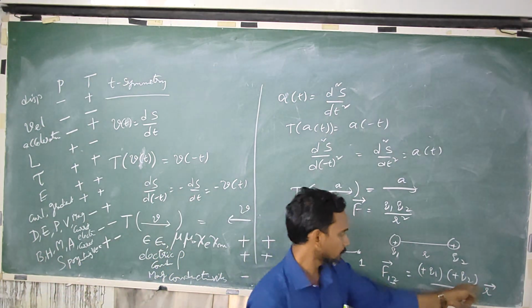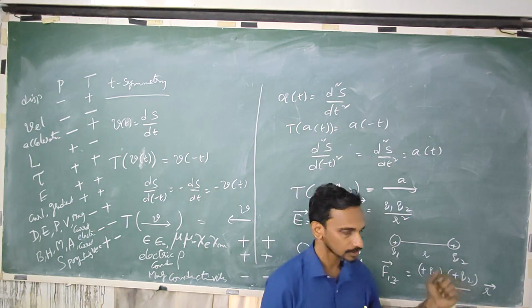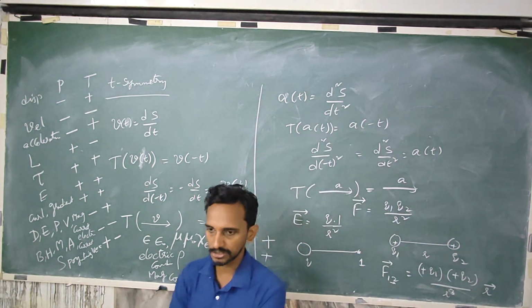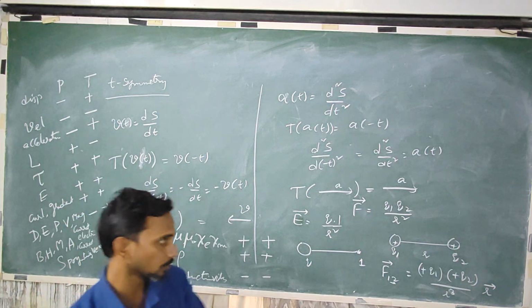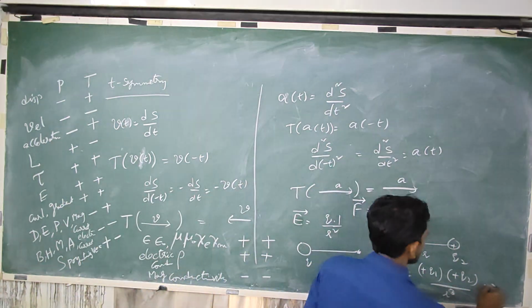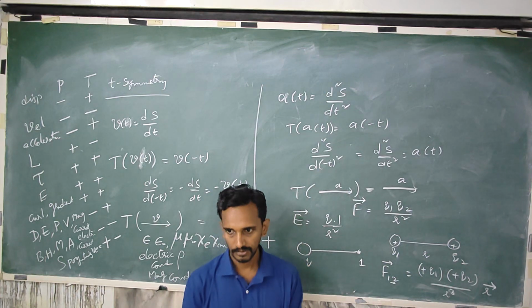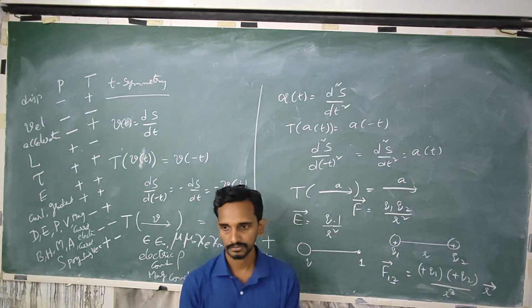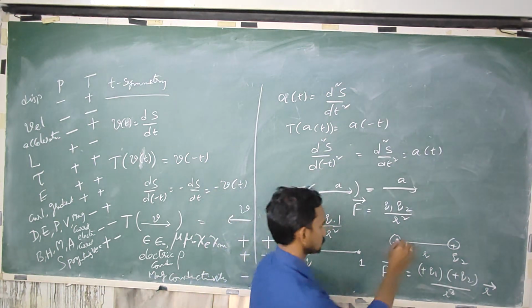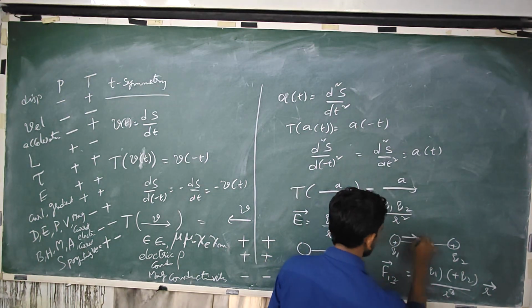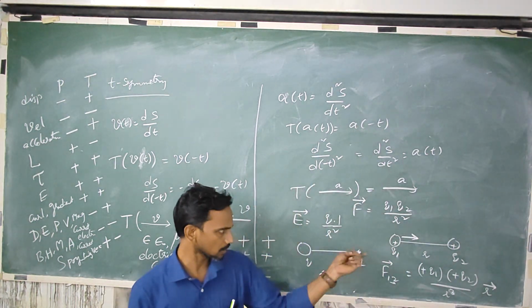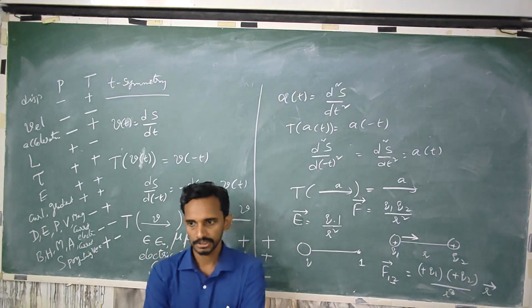So the direction of the force is controlled by the sign of the charges. If both charges are positive, the force will be along the direction of radial vector from 1 to 2. So the force produced by charge Q1 is along that direction.